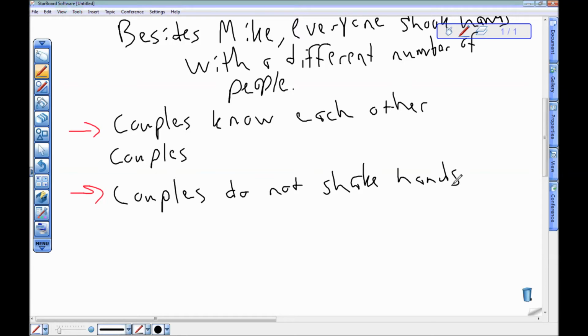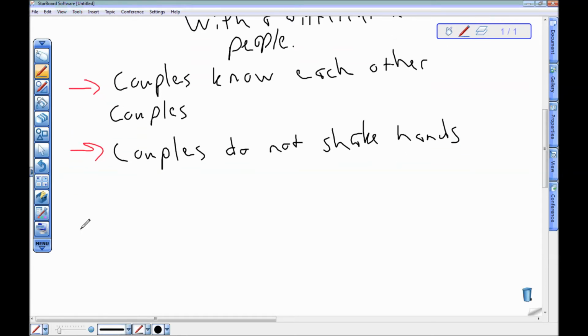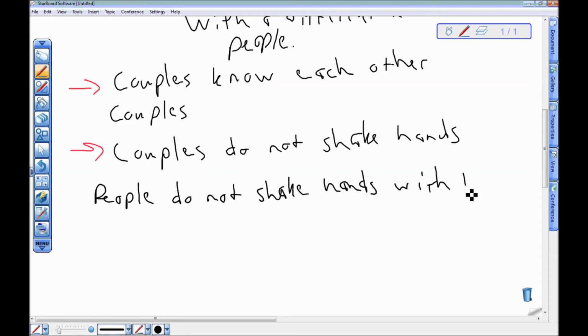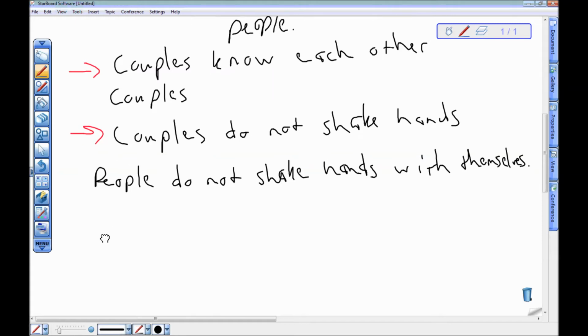That's pretty helpful. Something else to note: this isn't really meant to be an existential problem, so people do not shake hands with themselves.